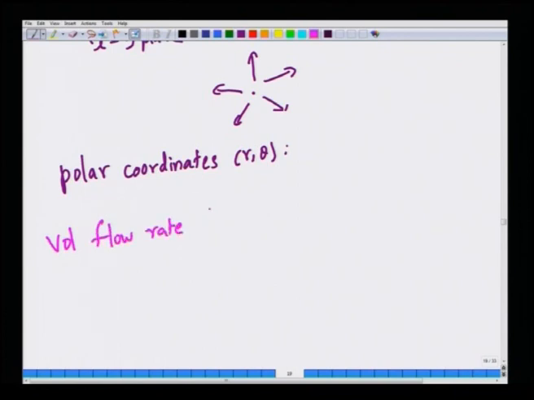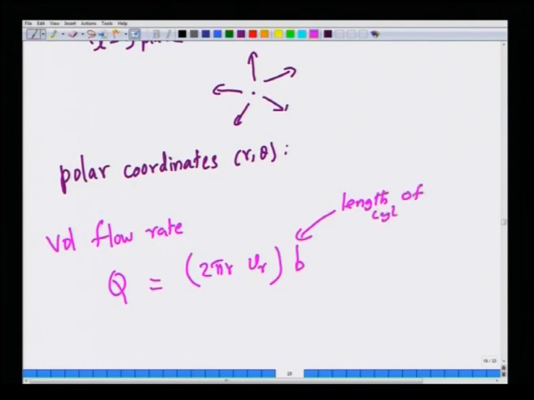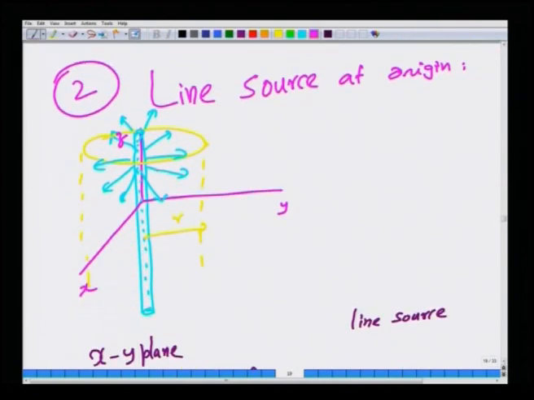Q is 2 pi r V r times B, where B is the length of the cylinder. This is the volumetric flow rate because the fluid is flowing purely in the radial direction.